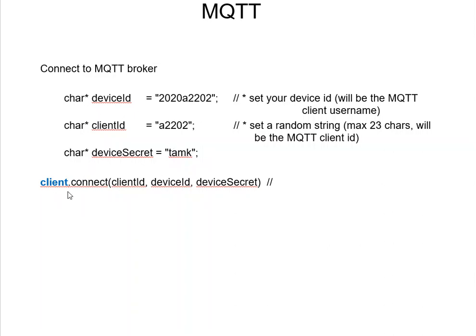And here is the connect function, and we give as parameters the client ID, device ID, and device secret. After this function, we should have a connection to the MQTT broker, which will last this time. The connection will be valid for the timeout time, which in our case has a default value.